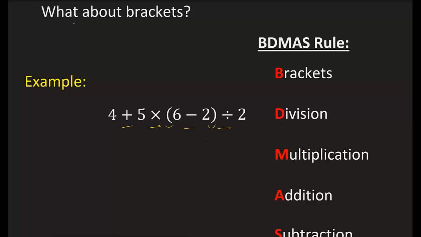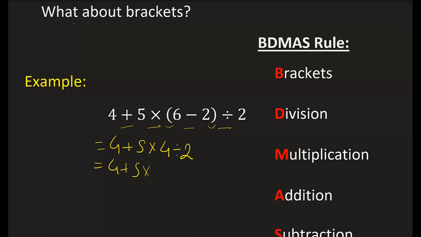So first it's going to be brackets. Let's do this. 4 plus 5 times 6 minus 2. 6 minus 2 is equal to 4, and then it will be divided by 2. Now it's going to be division. 4 plus 5 multiplied by 4 divided by 2.